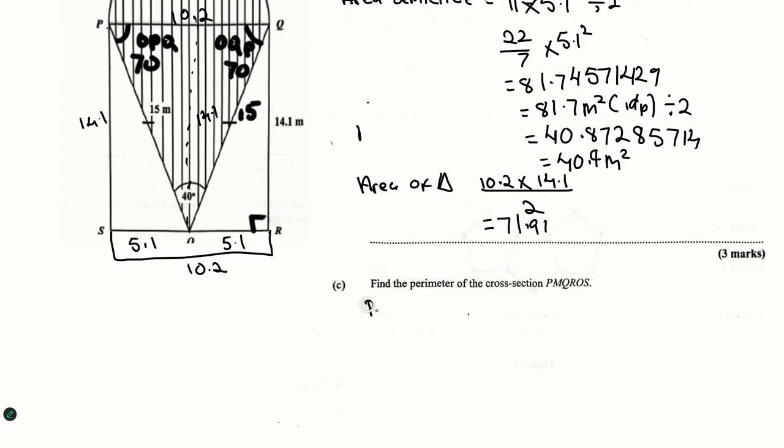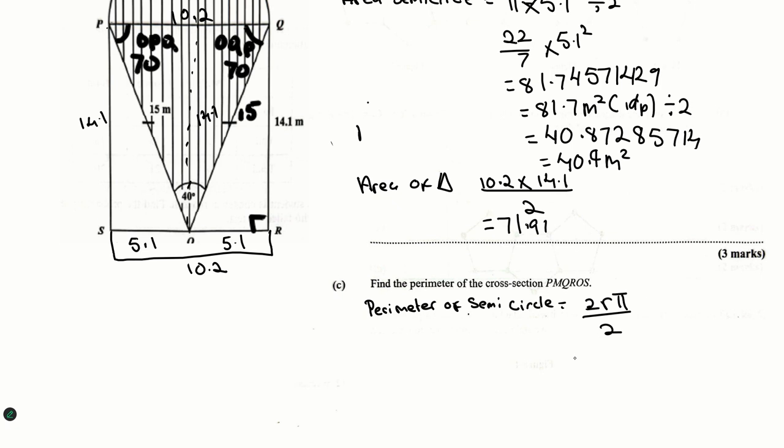The perimeter of your semicircle would be the circumference of your circle, which is 2 pi r, or diameter times pi, over 2.